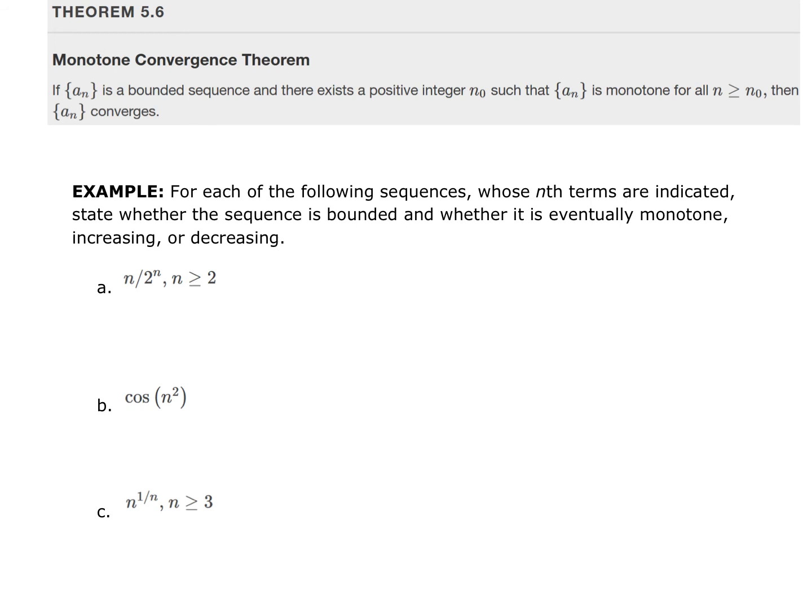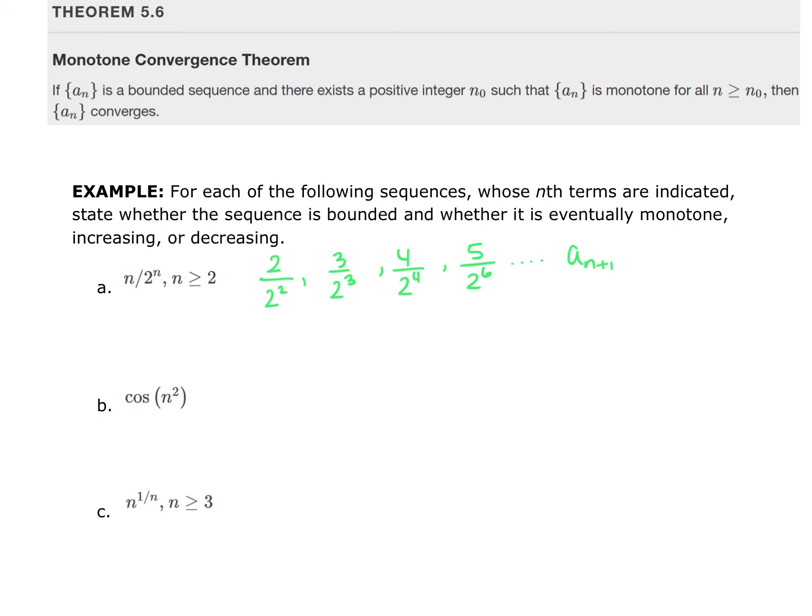So what I'm going to do is start writing out some of the numbers starting with n equals 2. So I have 2 over 2 squared. I have 3 over 2 to the third. I have 4 over 2 to the fourth. I have 5 over 2 to the sixth. And for the next one, as I go on out, I would have some term that would be a sub n plus 1.